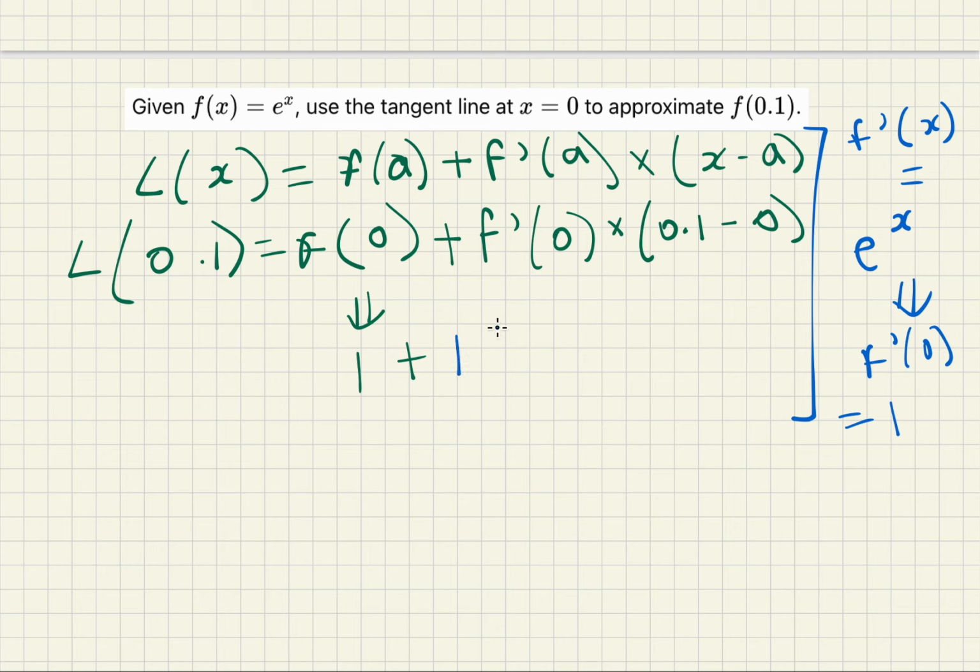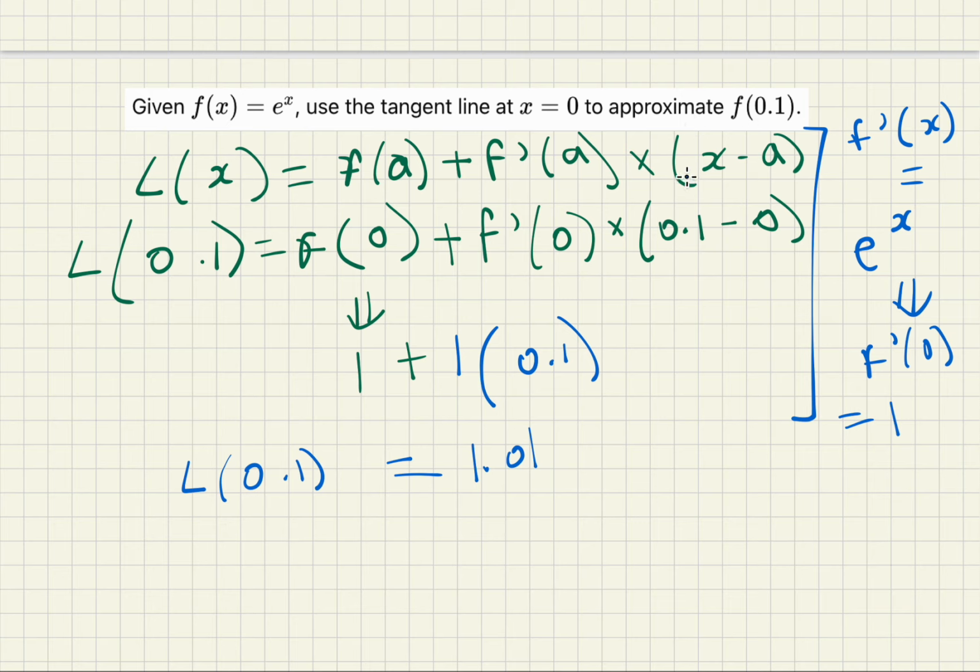So you get 1 plus 1 times 0.1 minus 0 is 0.1. So when we solve this, we get 1 plus 1 times 0.1. In other words, 1 plus 0.1, which is 1.01. And so this is the value which is what we were asked to approximate, f at 0.1.